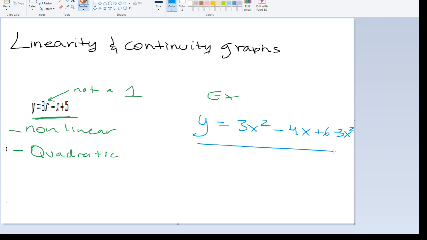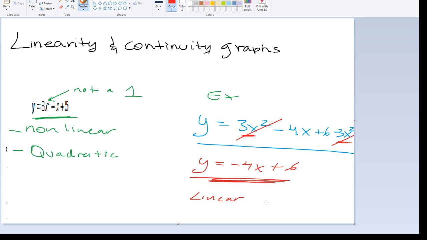So this here appears to be non-linear. But if we take a closer look, can we simplify anything on this equation? There are two like terms that are additive inverses, which means they cancel each other. And so what we have left is y equals negative 4x plus 6. And this is a linear equation or a linear function.